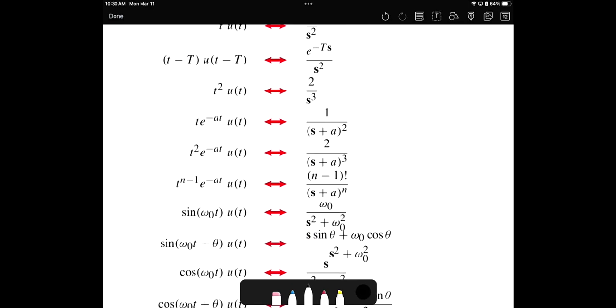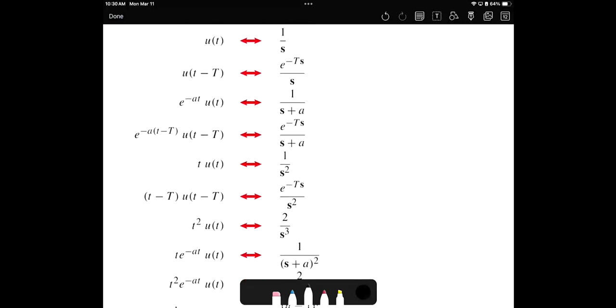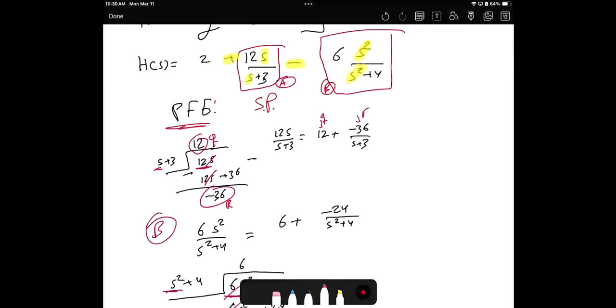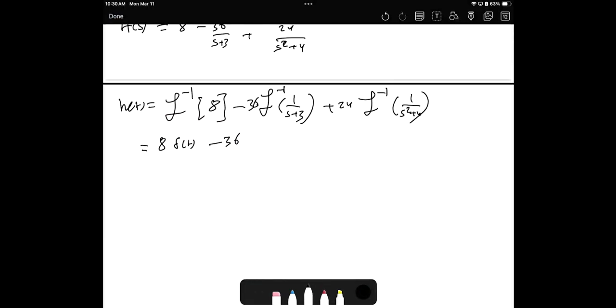Laplace inverse of 1 over s plus a is e power negative a t u of t, which will make it e power negative 3t u of t. That's what I'm going to substitute. So e power negative 3t u of t.